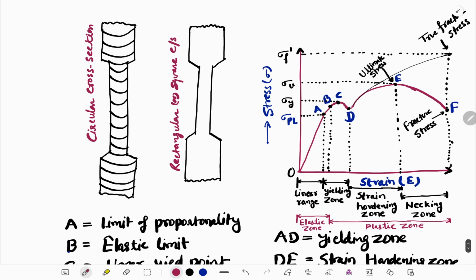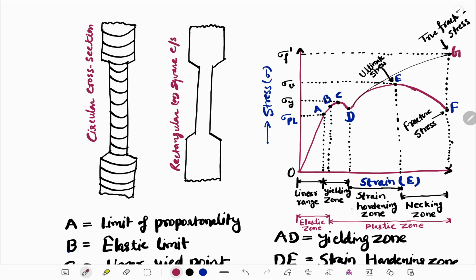In reality, the curve goes up and attains the true failure stress, written as sigma F dash. This is the true failure stress, tangential to this line, and it goes to point G, after A, B, C, D, E, F. So it will reach here.